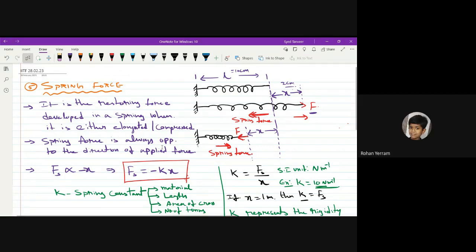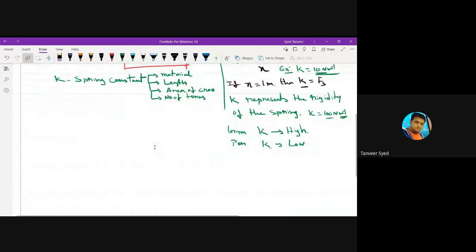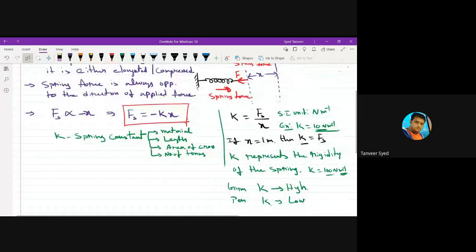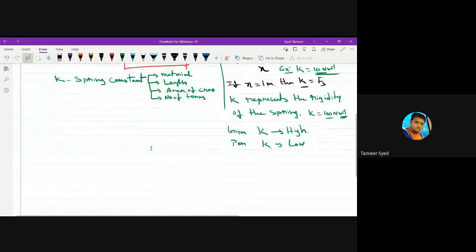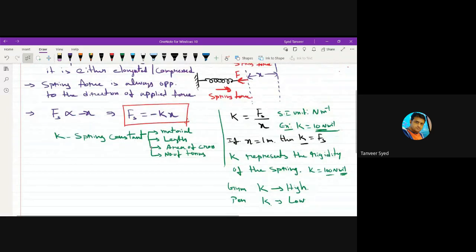Sir, and rigidity means strength, sir? Rigidity means opposition to change its size or shape. Resistance to change the size or shape of something is rigidity.